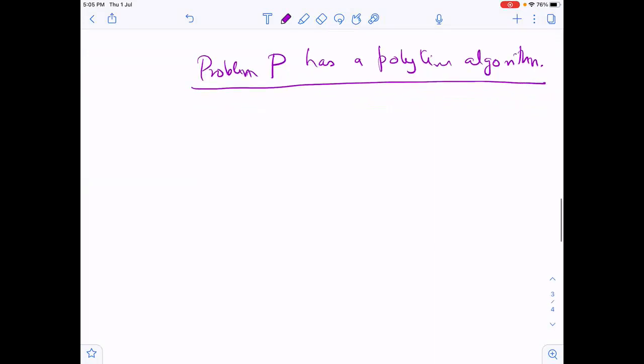Let me write it down. I will think of this problem as something that takes inputs and makes some output.